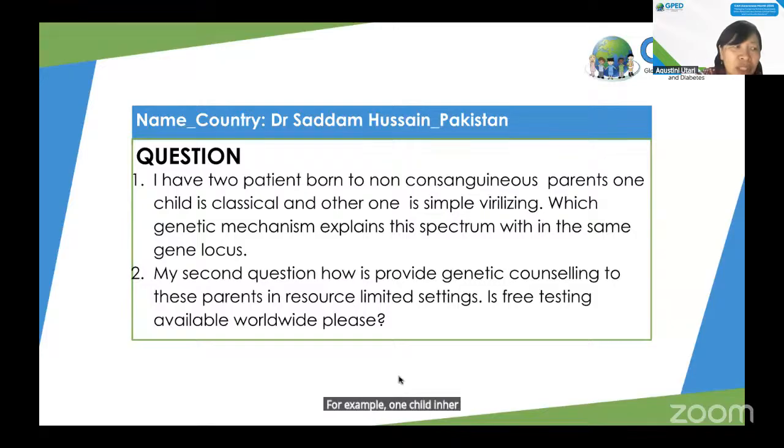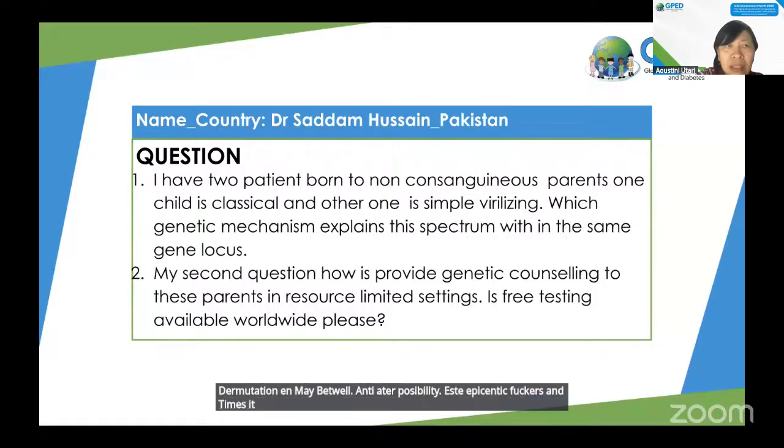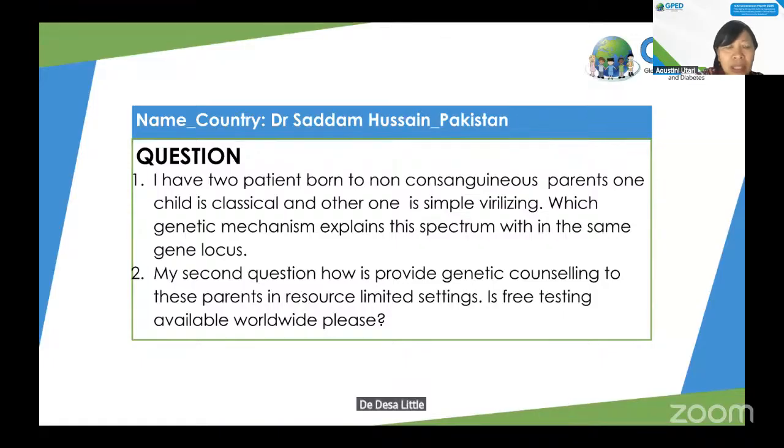For example, one child inherits two severe mutations and it will result in a salt-wasting form, and the other inherits one severe and one milder mutation, and maybe it will show as a simple virilizing form. And the other possibility is the epigenetic factor. Sometimes it makes a little bit different phenotype.